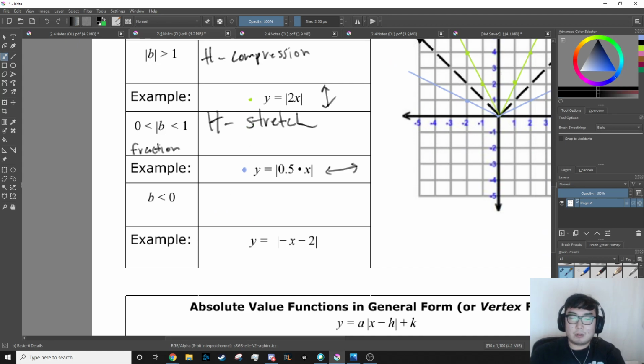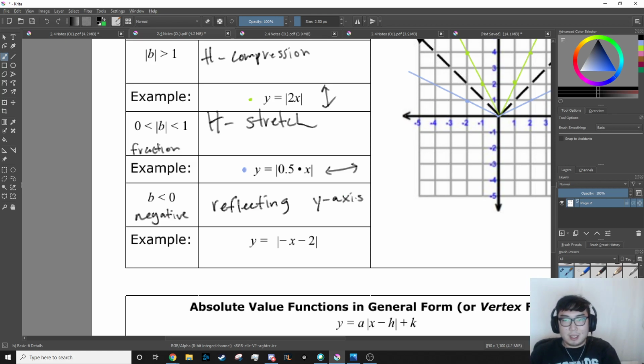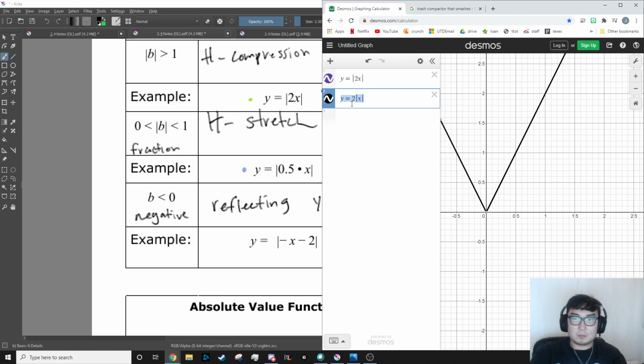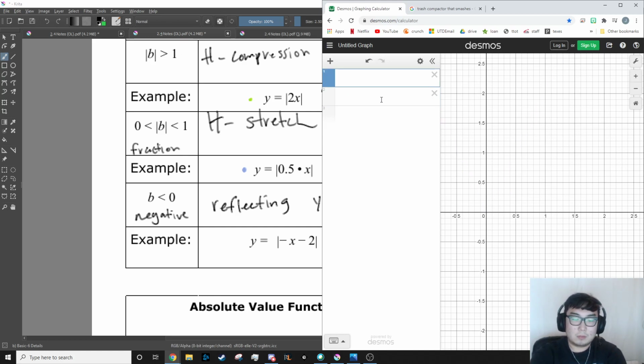So this must mean that it is reflecting, because we know that if this is negative, then I know for sure it's reflecting. But we don't know which axis, so we just use process of elimination. And let's try it out. Let's graph this right here: y equals absolute value of negative x minus 2.